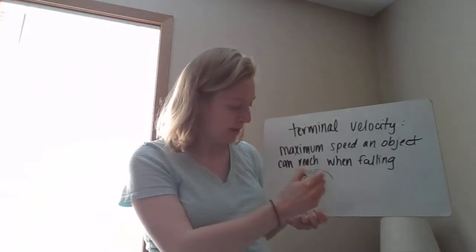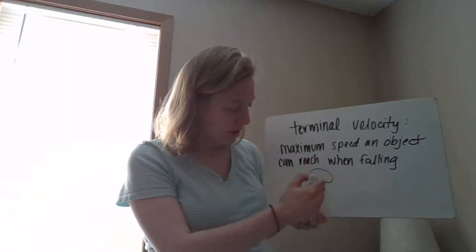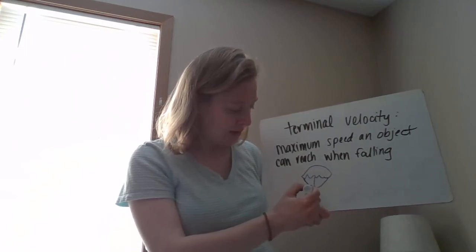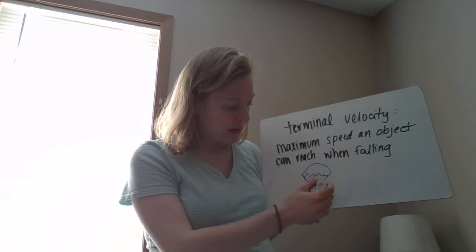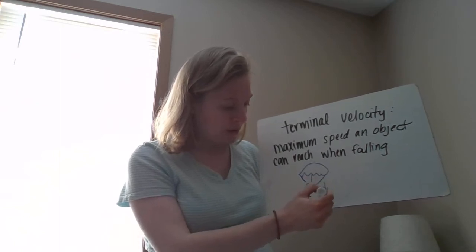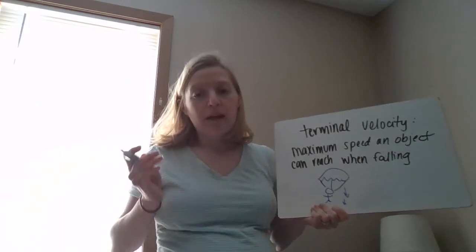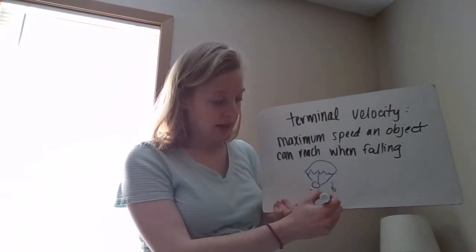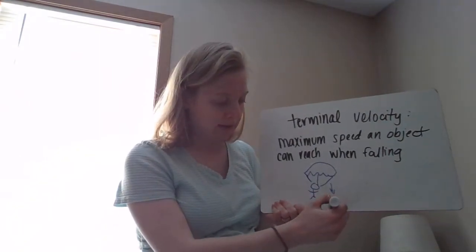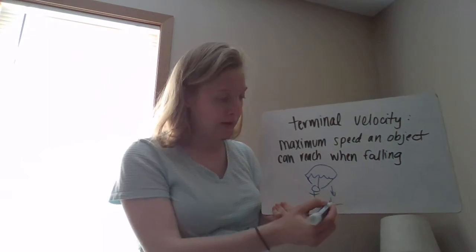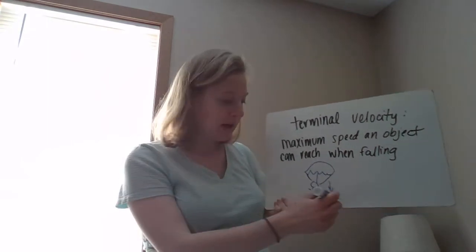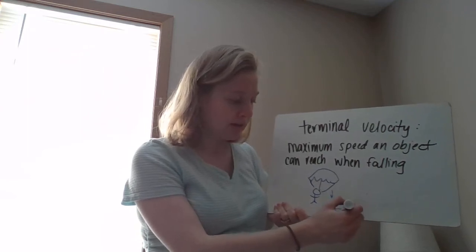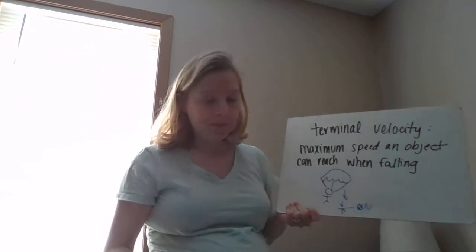So here if I draw a parachute and the person that's going down, they're going to start falling pretty fast and then they'll go a little bit faster and faster. Eventually, what will happen is that the air resistance will match up with the force of gravity, and so it'll have a 0 net force, 0 newtons.